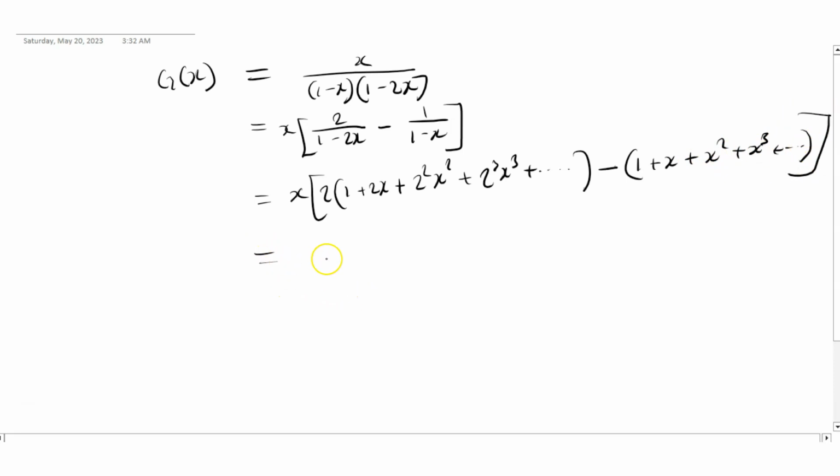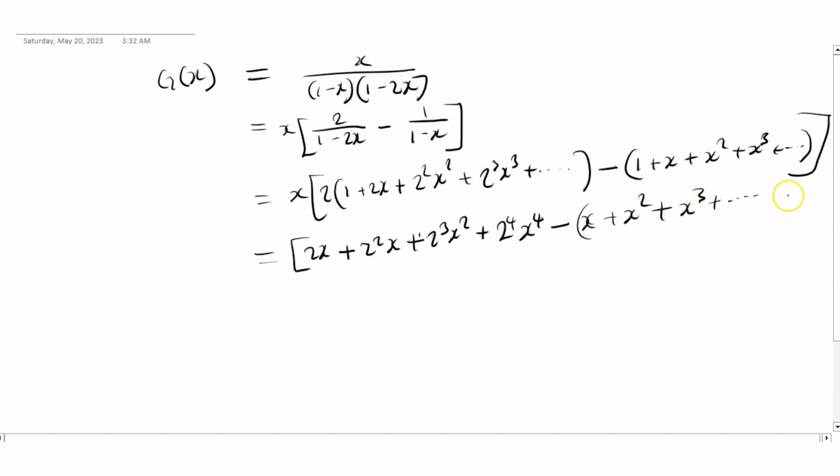So that will give us 2x plus 2 squared x squared plus 2 cubed x cubed plus 2 to the 4th power x to the 4th, then we are subtracting x plus x squared plus x cubed plus up until infinity.